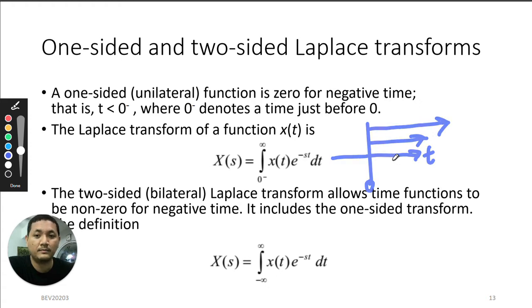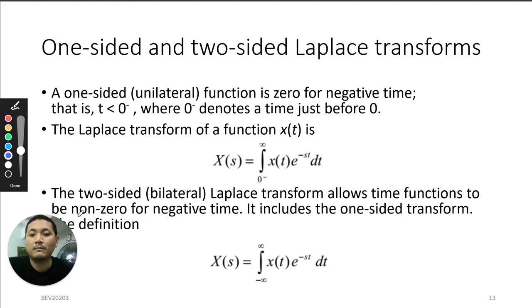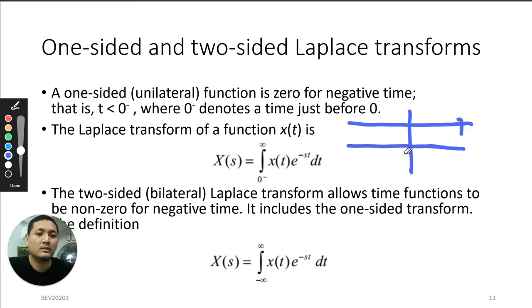That is one-sided. For two-sided, Laplace transforms allow time functions to be non-zero for negative time. That means for negative time it is not 0, so it exists for negative time and also for positive time.